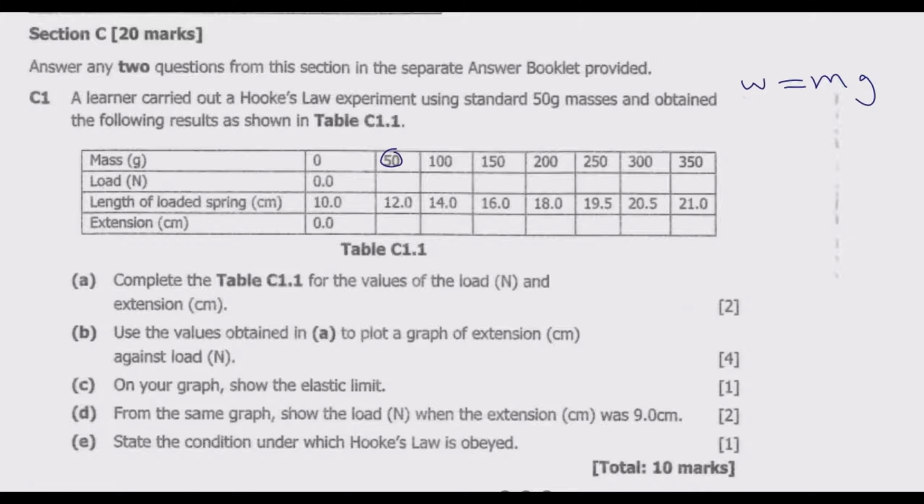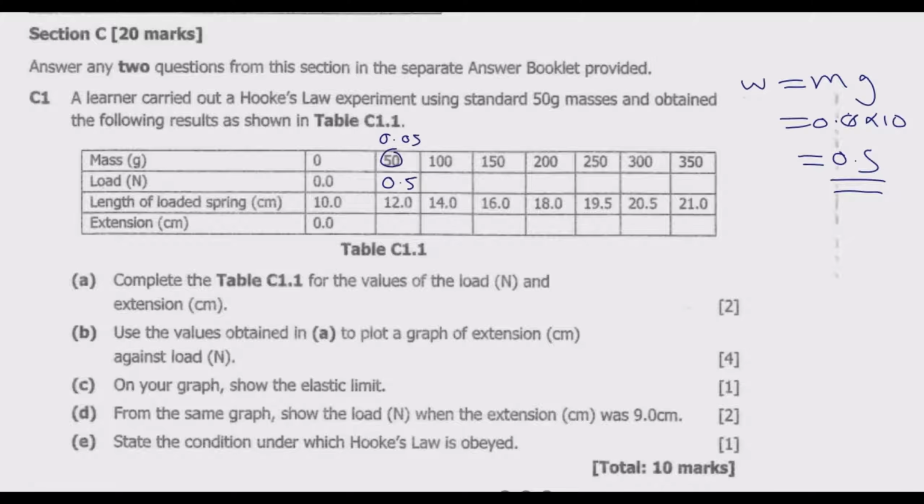How many grams in 1 kg? There are 1000, so it will be 50 divided by 1000, which is 0.05. Then we multiply this 0.05 by 10, which is gravity, and we get 0.5. So 0.5 newtons is the load.